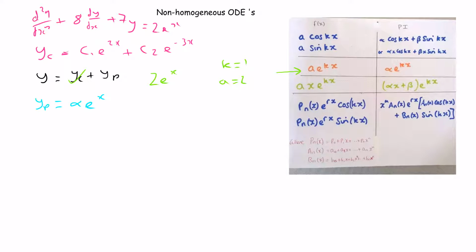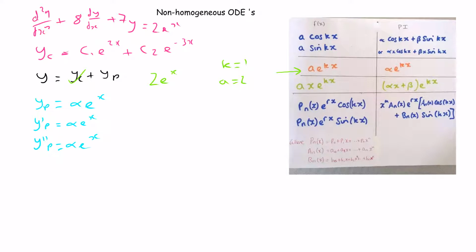To find out what alpha is going to be, the first thing we need to do is to differentiate this. And we need to differentiate it twice. So first derivative is alpha e to the x, because e to the x doesn't change under differentiation, and then again alpha e to the x.